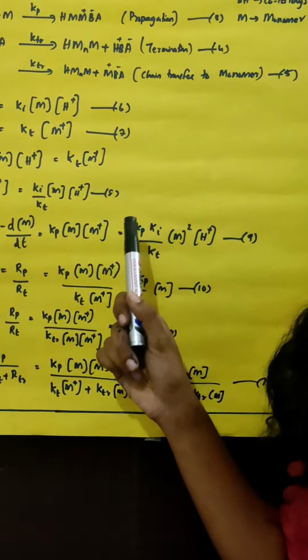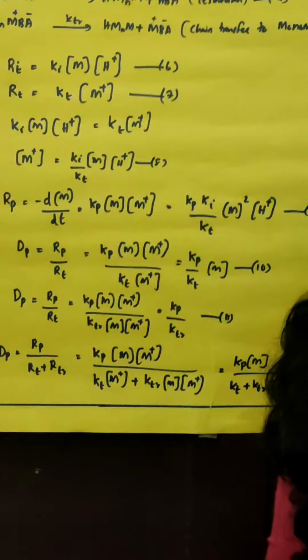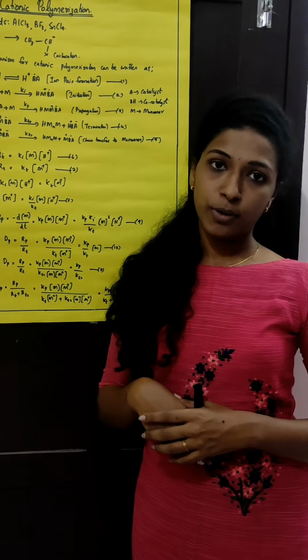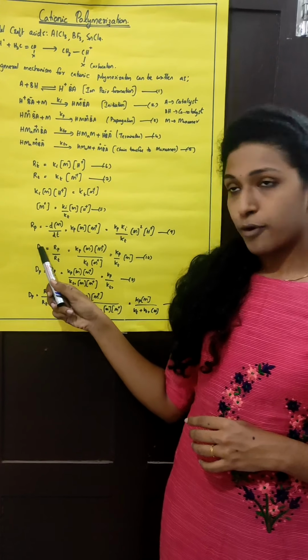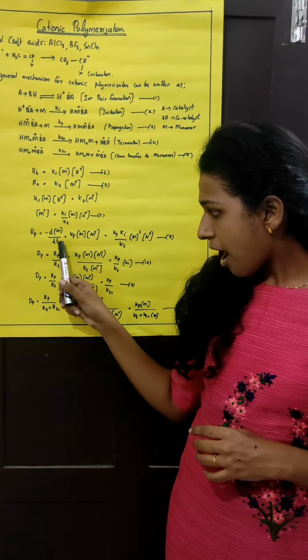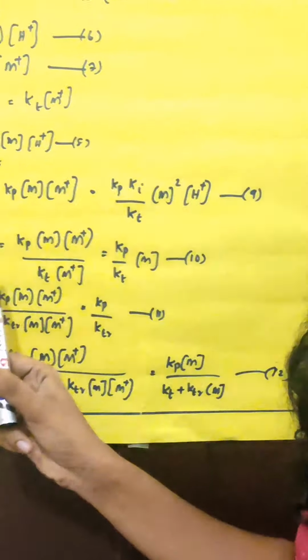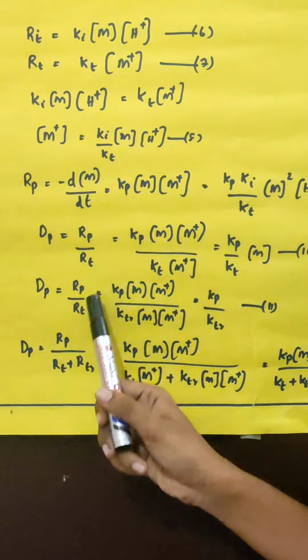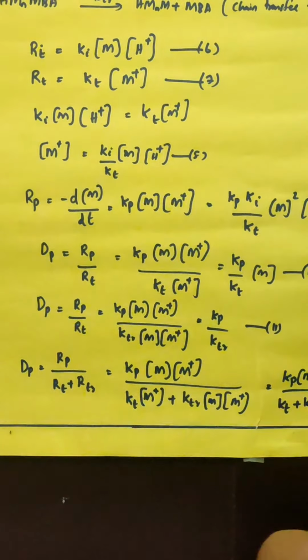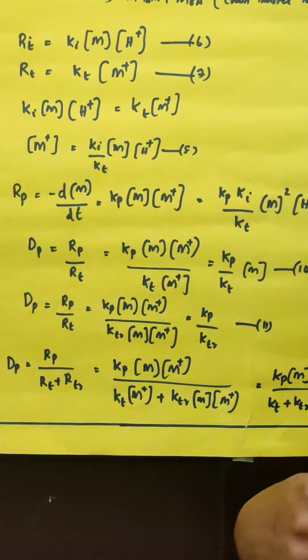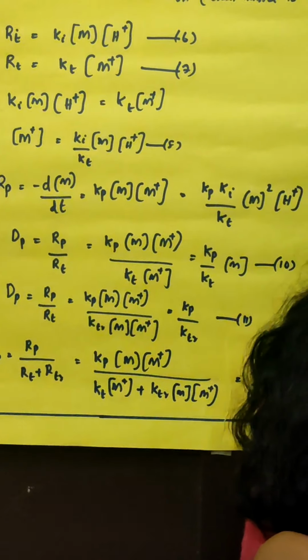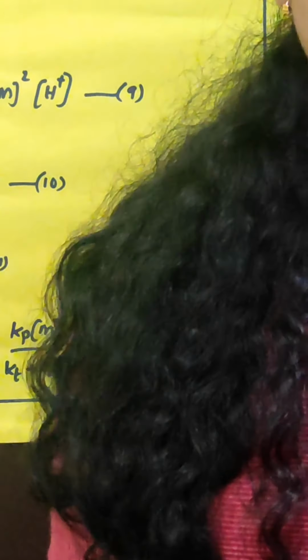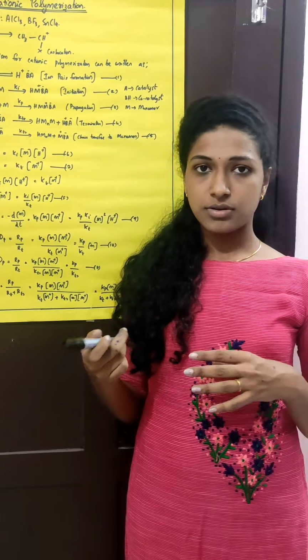So next is the degree of polymerization. We can find the degree of polymerization by this equation, Rp divided by Rt. We already said that termination is of two types, that is, simple termination and chain transfer.